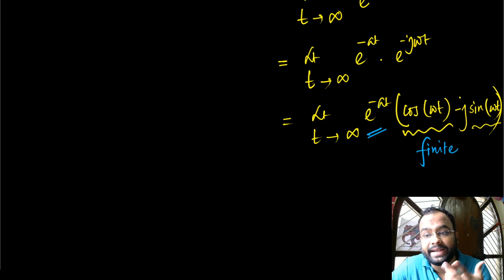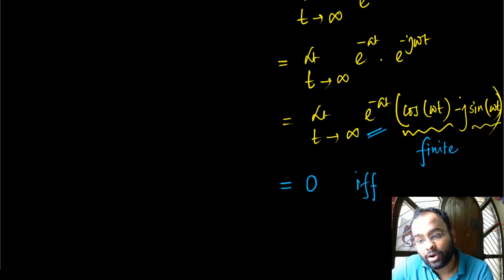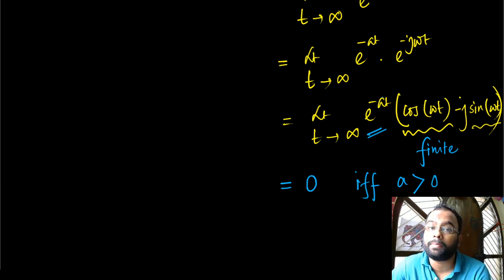If we put t tending to infinity, this reduces to 0 if and only if a is ensured to be greater than 0. Okay, a is a real number I am considering. So if a is greater than 0, then we have e to the power minus infinity on top, and only then this boils down to 0. So that's one of the conditions that we have placed here. I believe that's understood.